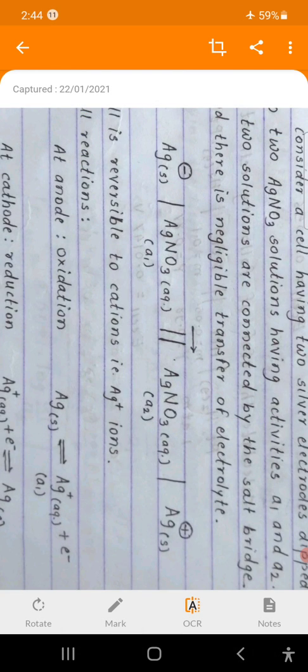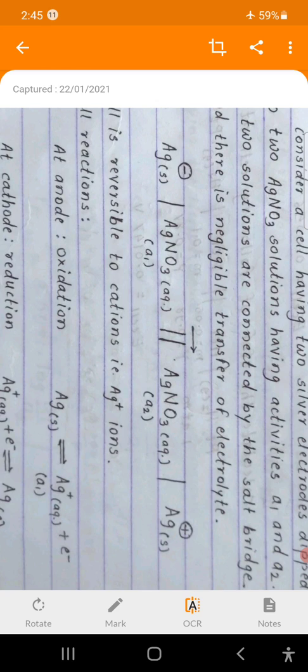Why is it reversible to cations? Because the electrode on both sides is silver, and the solution is AgNO3. Which one is common? Silver is common. Is silver an anion or a cation? It is a cation.